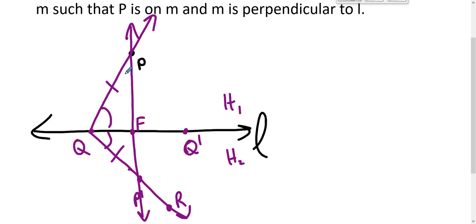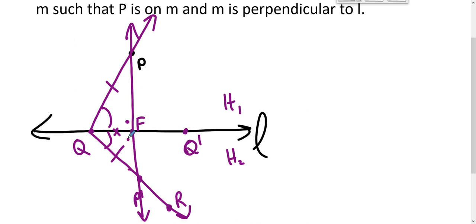So now I know that triangle PQF is congruent to triangle P prime QF by side angle side. And that means that angle PFQ and angle P prime FQ are congruent by correspondence.